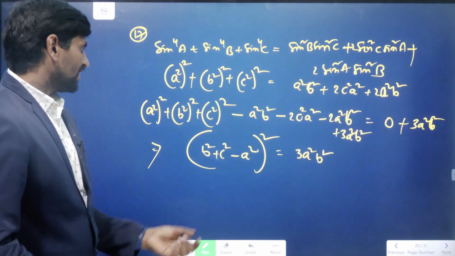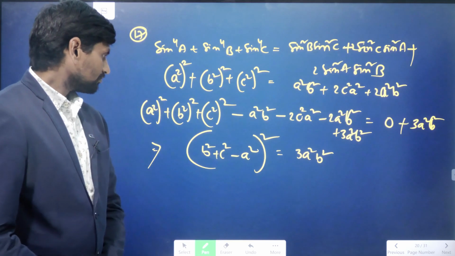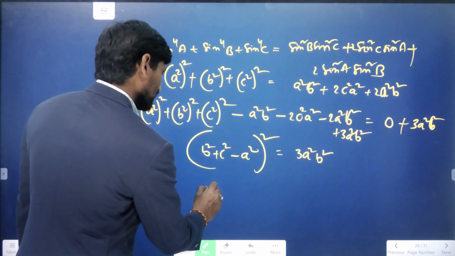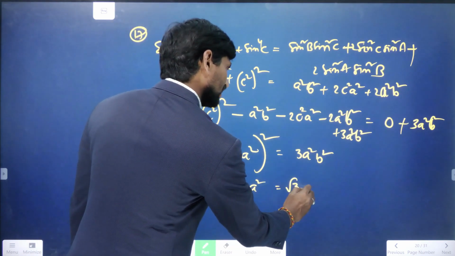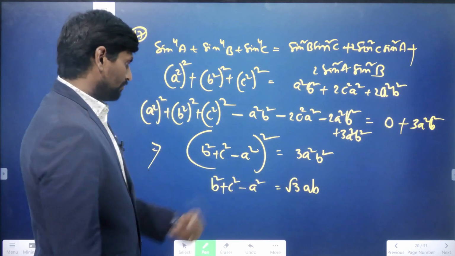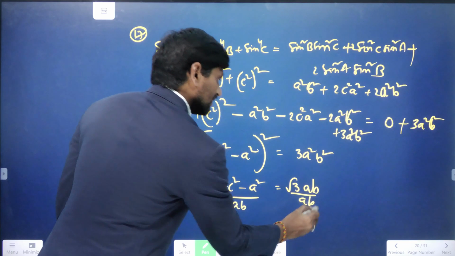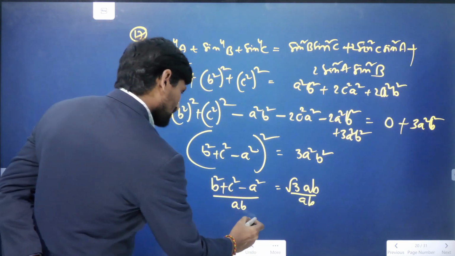Okay? While you are observing, it is somewhat looking like the cos formula. So applying the square root both sides, it will be b square plus c square minus a square is equal to root 3 into ab. That ab, bring this side, it is divided by ab. Then the left hand side part will be in the form of the cos A formula.